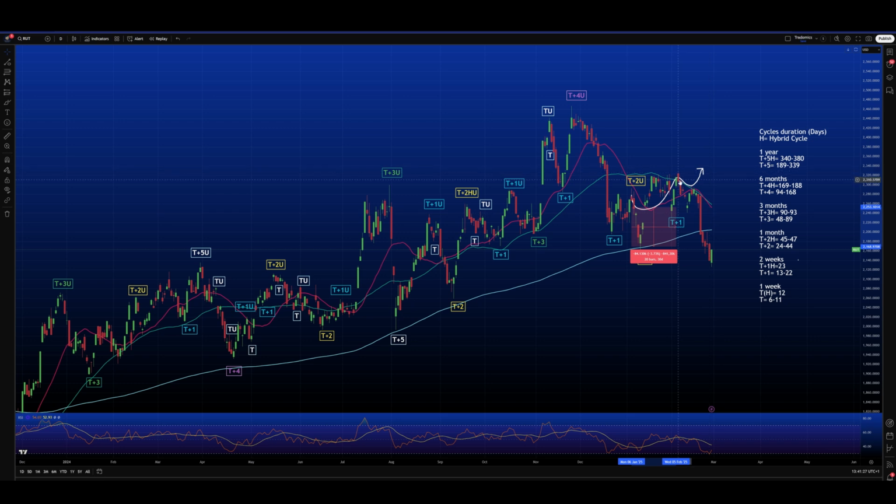So this top now is the beginning of the T+2, and the analysis hence was not correct, because from this top here until the top here we have had 47 bars. 47 bars is a hybrid cycle, so the hybrid cycles are definitely seldom compared to the standard duration, but this is what it is.